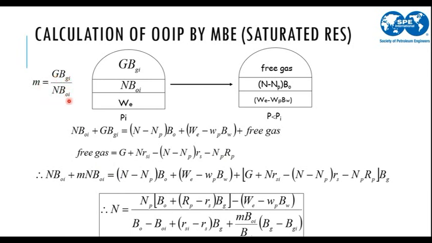So if we arrange this equation, we said that m equals G beta Gi over N beta Oi.